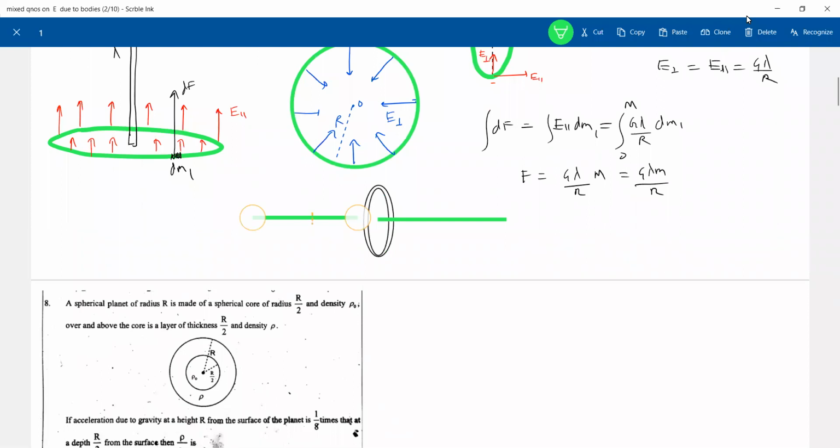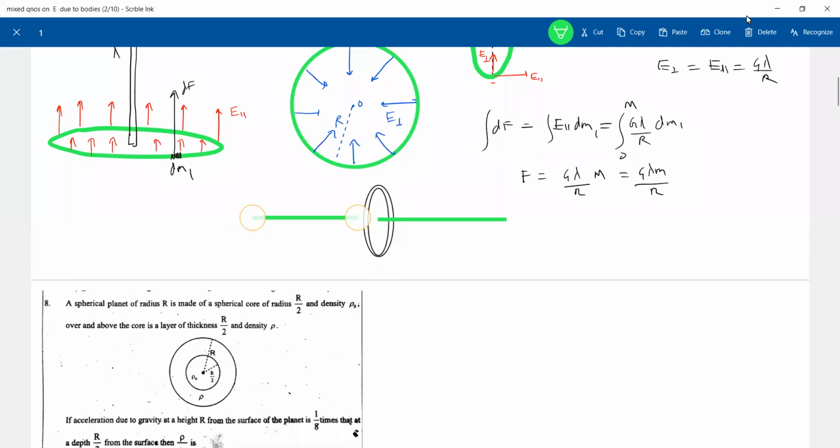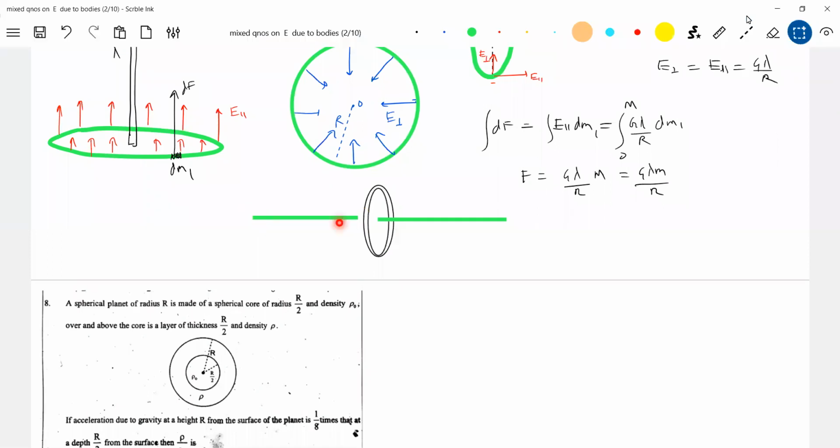The rod is kept. No, you see this. This is m. Let me write lambda 1. This is lambda 2. This is the radius r. What is the force of interaction? You know, in this case, it will be zero, no?